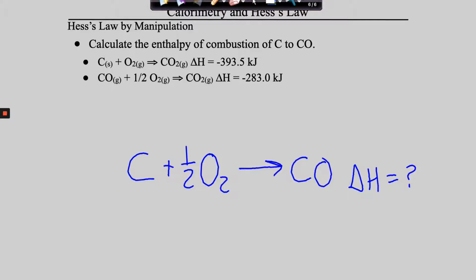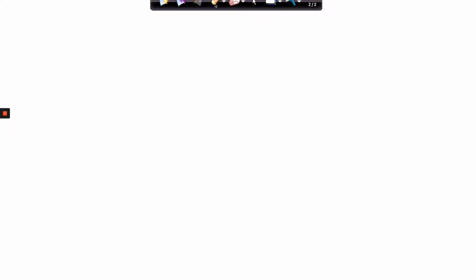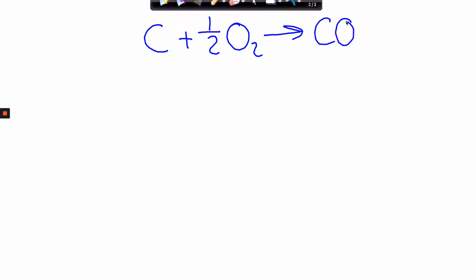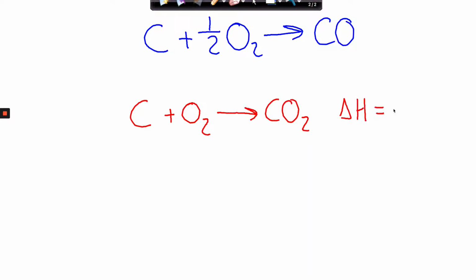So guys, this is the way that this goes. So clean this off, go over here, do this. And so guys, then it goes like this. And this is what I would really encourage you to do with me. So we've got carbon plus 1/2 O2 yields carbon monoxide. And then guys, we're given these equations. We've got, and I'm going to switch colors, carbon plus O2 yields CO2, and the delta H for that is negative 393.5 kilojoules per mole.